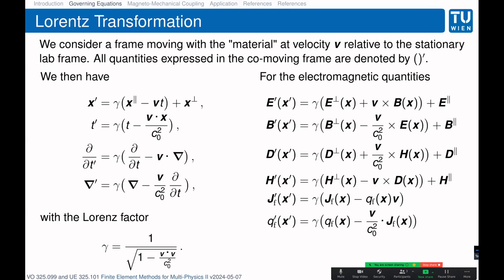What you also see here, if you look a little bit at the transformations I've written down, is that it's not that important that you know all of those by heart. But the funny thing is that the transformations make use of splitting the quantities into normal and parallel components, something similar to what we've seen with the interface conditions in electromagnetics, so normal and parallel components are important here also.